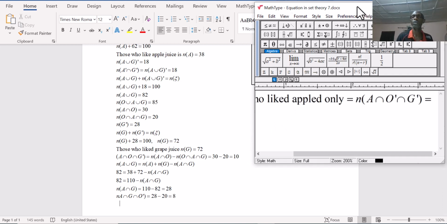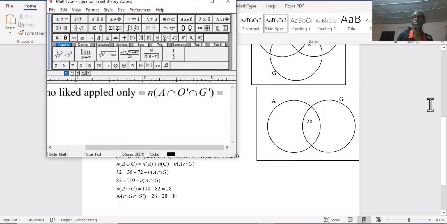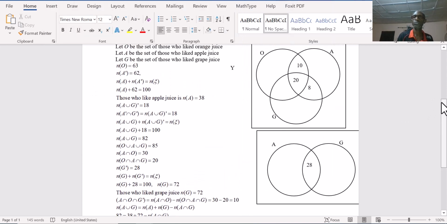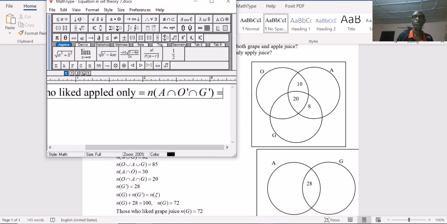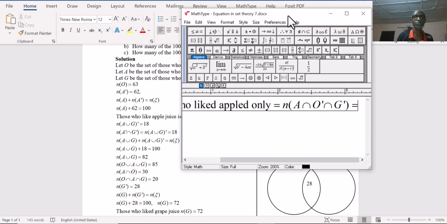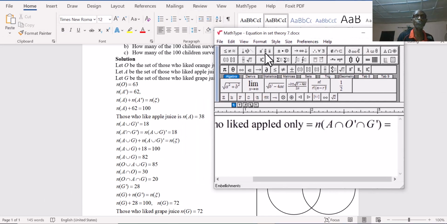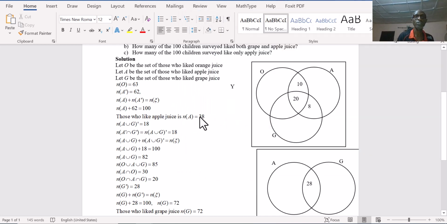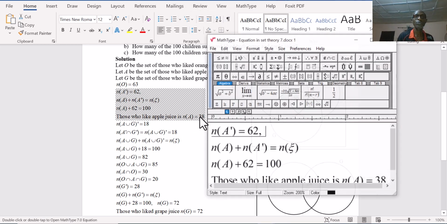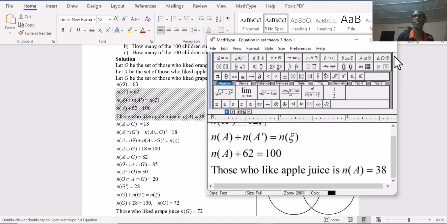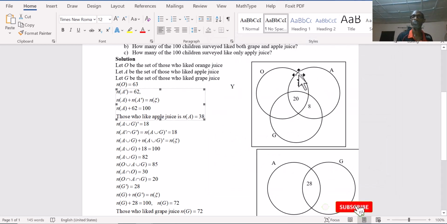So from our calculation, those who like apple is 28. You can see it here. Those who like apple is 38. So the total of everything in this circle of A must be equal to 38.